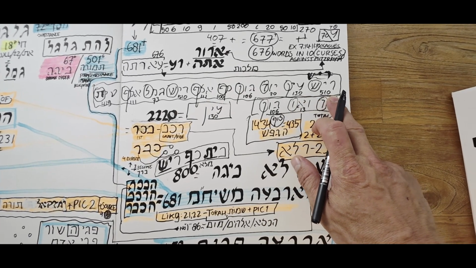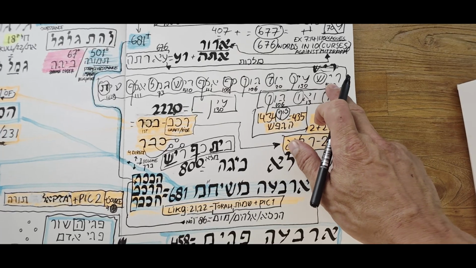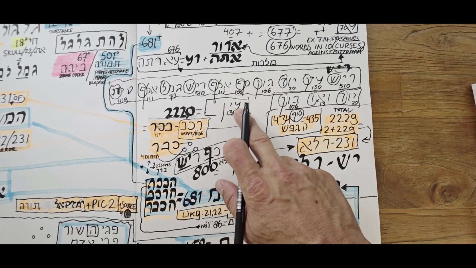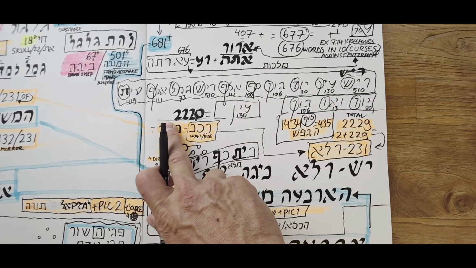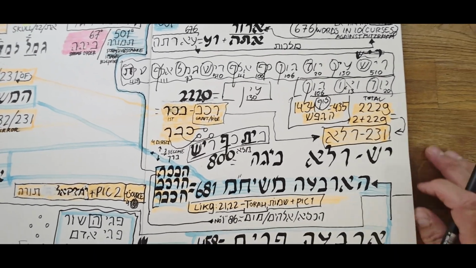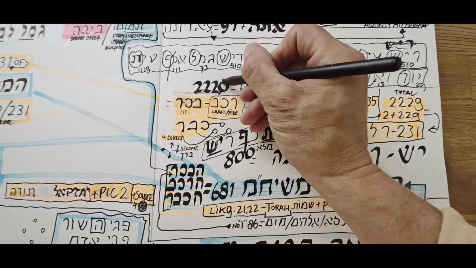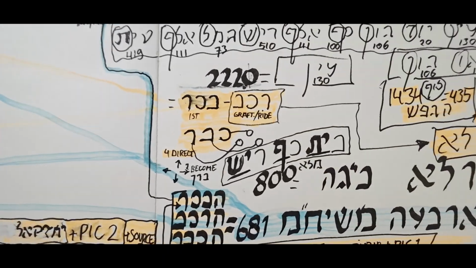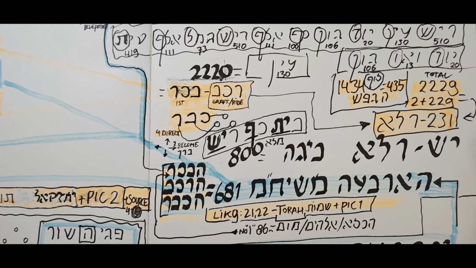Now, what I wanted to look at was the permutation of reincarnate. So with the Ayin, the sum total there was 2,220, which is an interesting number because you can view the 0 as non-existing. It's three 2s, okay?